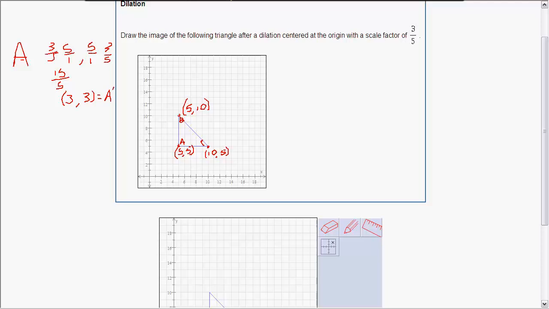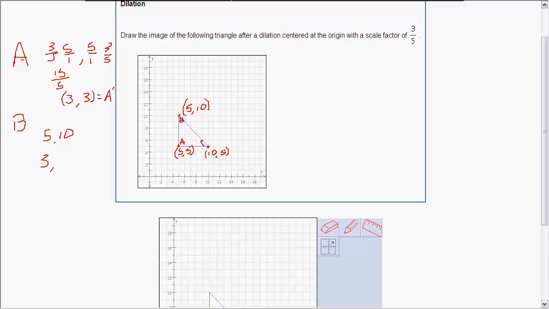So if we do the same thing for B, its ordered pair is 5, comma 10. Obviously since I just did A and 5 turned into 3, I'm not going to do all that work again.